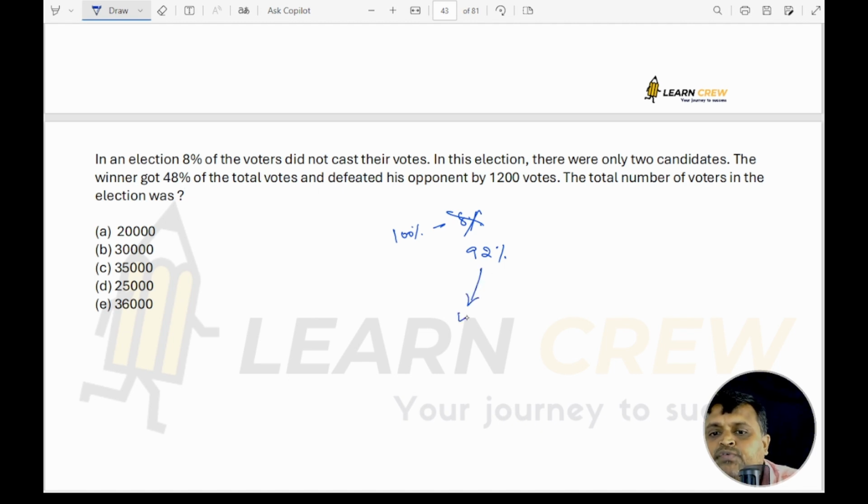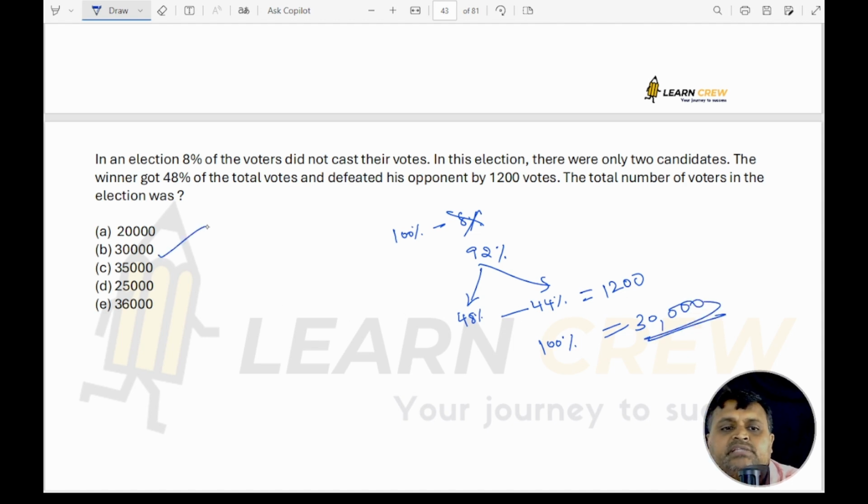So one scores 48%, means the other scores 44%. And the difference between them is given as 1200. So 4% is 1200. The total number of voters in the election is 100%. 4% is 300, 100% is 30,000. So answer is 30,000.